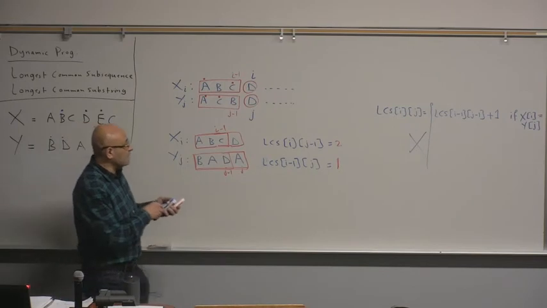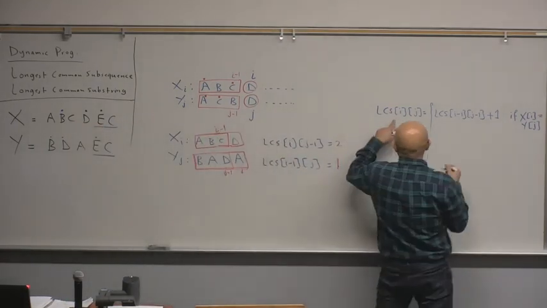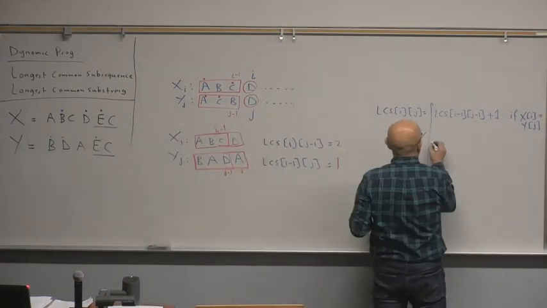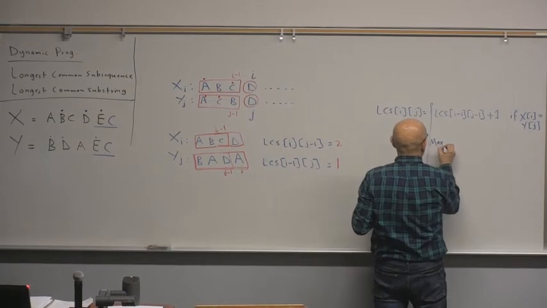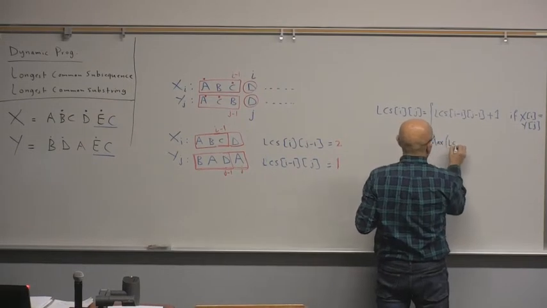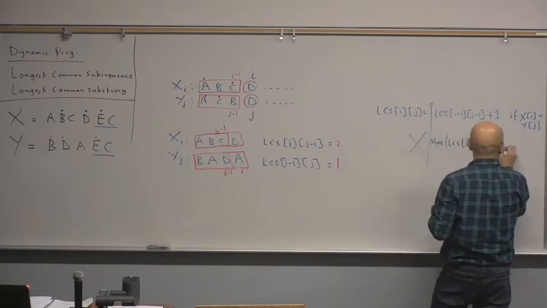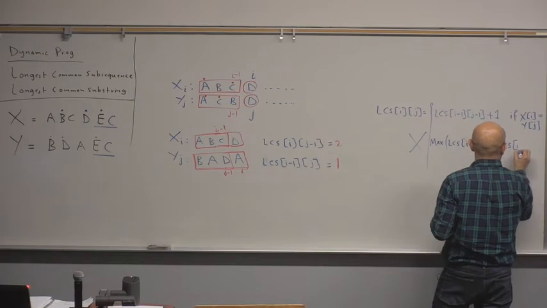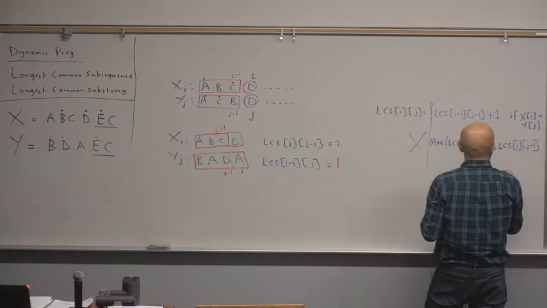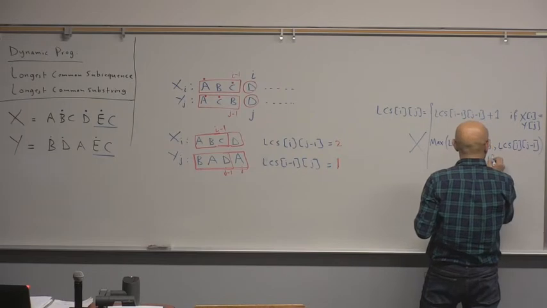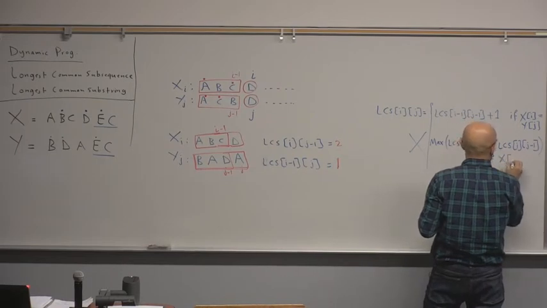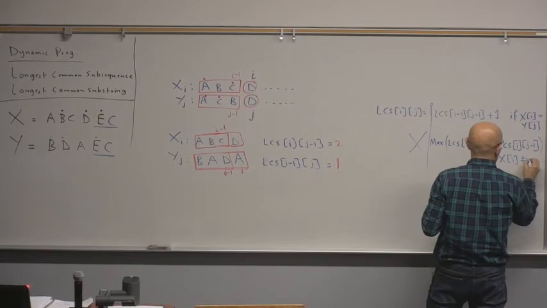To generalize, the longest common subsequence of i and j is the maximum of the longest common subsequence of i minus 1 and j, and the longest common subsequence of i and j minus 1, if x of i is not equal to y of j.